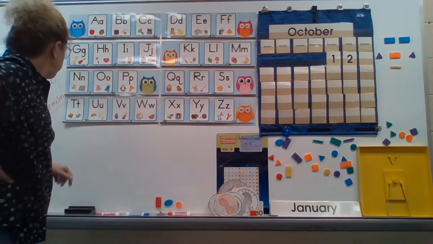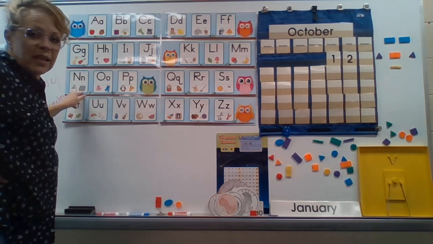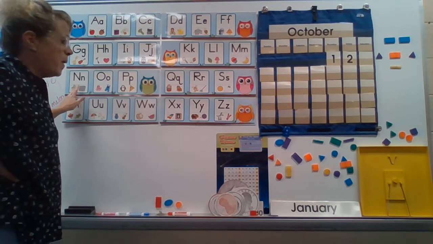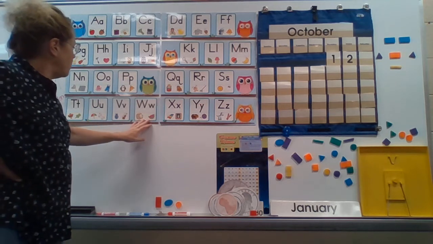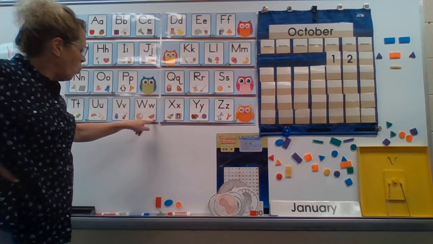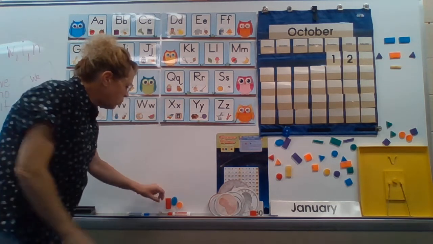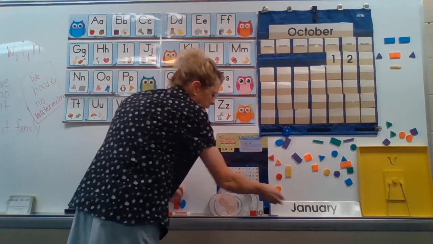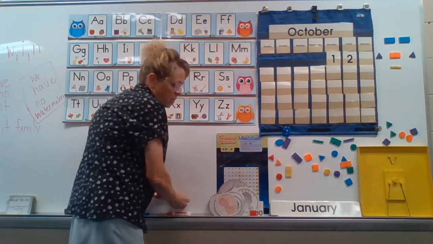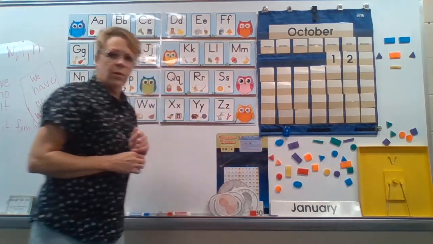Very good. And you remember what sound N makes? It makes that sound, like net and newspaper. And W makes that w sound, as in watch and watermelon. So let's see. I'm going to write a sentence today and use some sight words and a word that starts with W. All right?